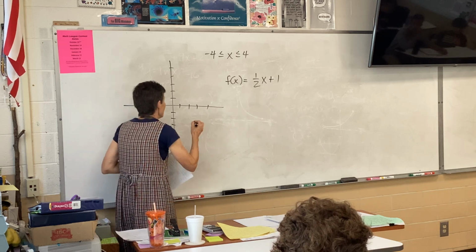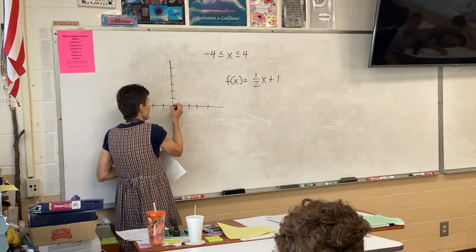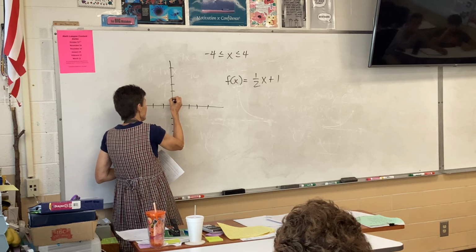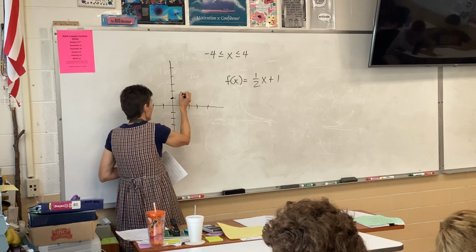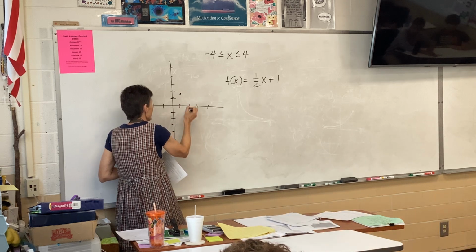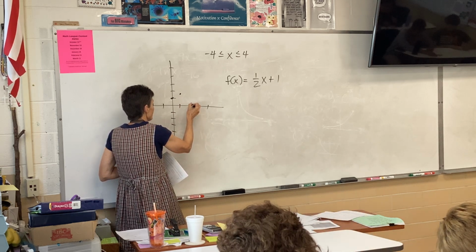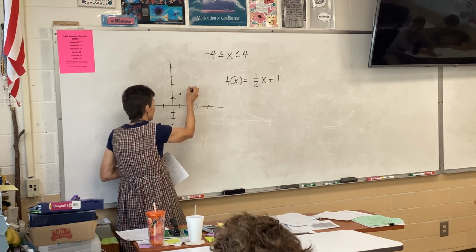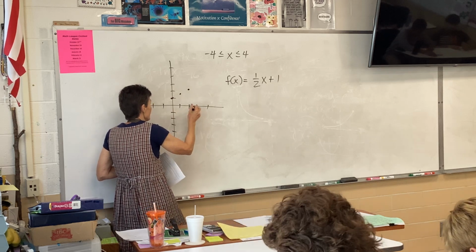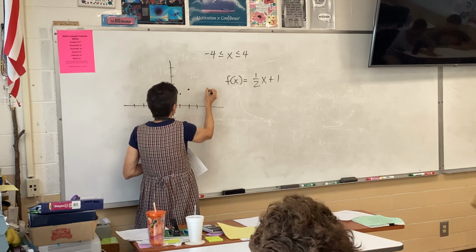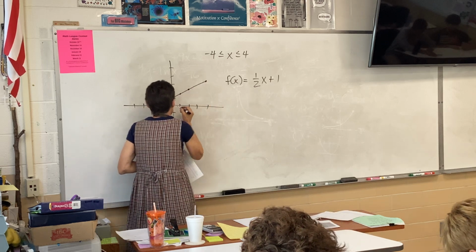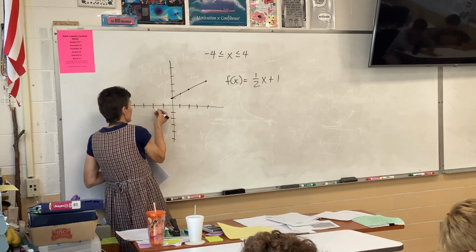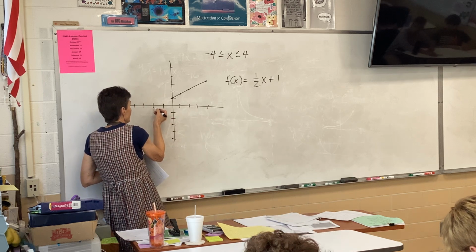All right, so let's graph it. Half of 0 is 0, plus 1. Half of 1 is a half, plus 1 would be 1 1/2. Half of 2 plus 1. Half of 4 plus 1. I'm kind of skipping here because I know this is going to be a line.